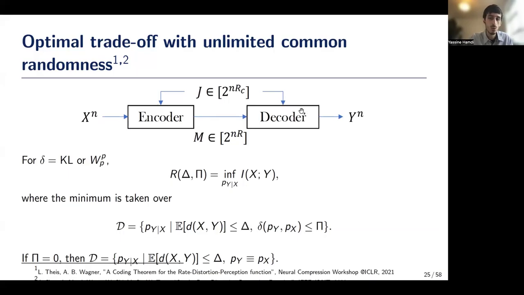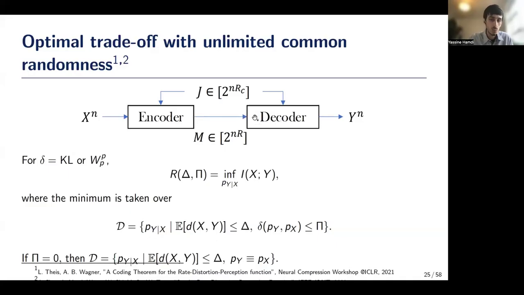For example, if you flip a coin to make a decision at the decoder, usually the encoder doesn't know what you did. But common randomness is just a way to formalize that actually they know. Somehow they have access to the same information, and when the decoder flips a coin, you can do the exact same operation at the encoder, or in other words, you know the result in advance.